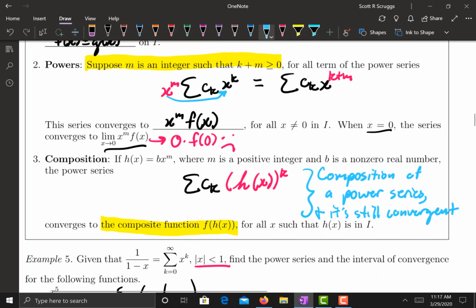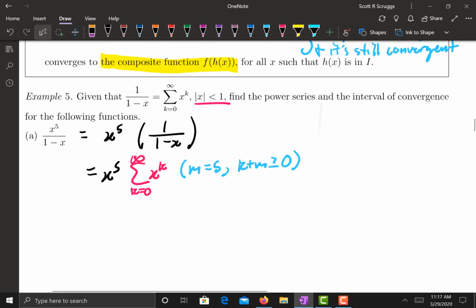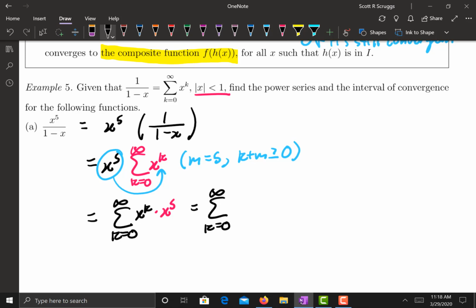So I can do the valid operation in part 2 of the theorem that says I can move x to the 5th inside the power series to give me the sum k equals 0 to infinity of x to the k times x to the 5th, or the sum k from 0 to infinity of x to the k plus 5.